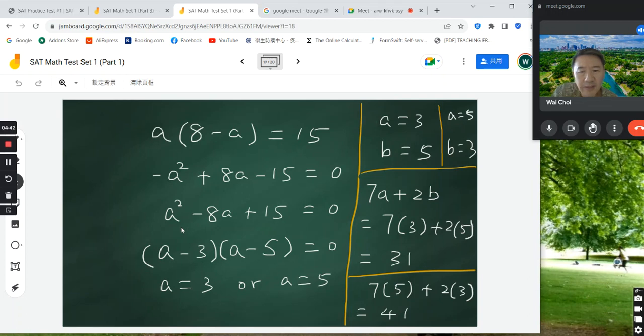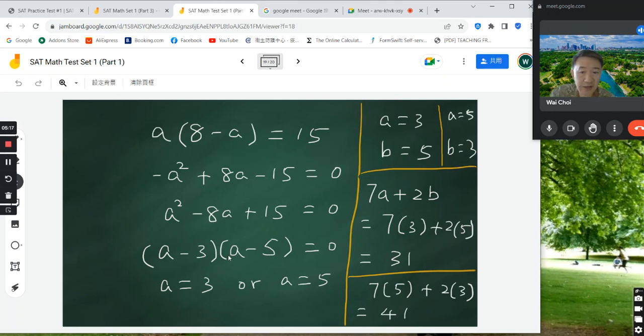We can solve this by factorization. So this is equivalent to (a − 3)(a − 5). Let's do a mental FOIL method to verify this. a times a, you got a². Negative 3 times negative 5, you have plus 15. Negative 3a minus 5a, which is minus 8a, right?